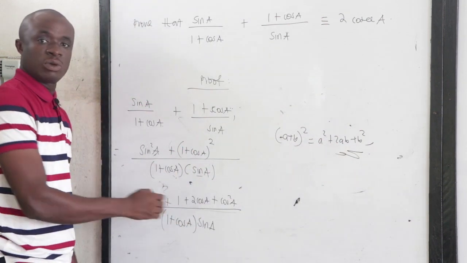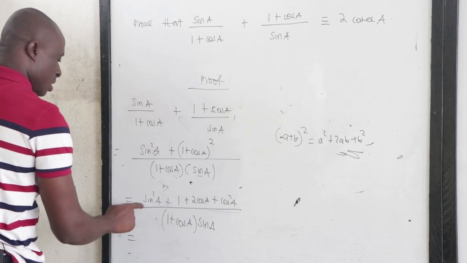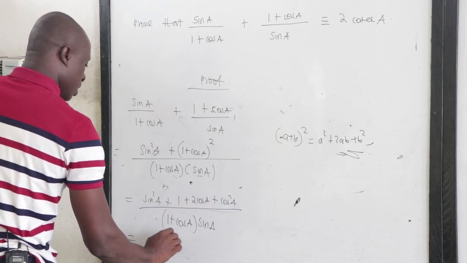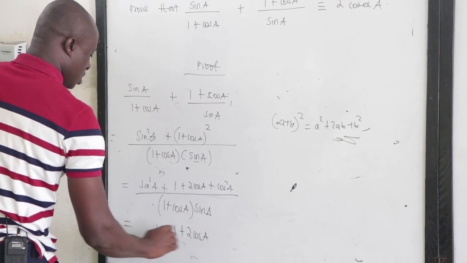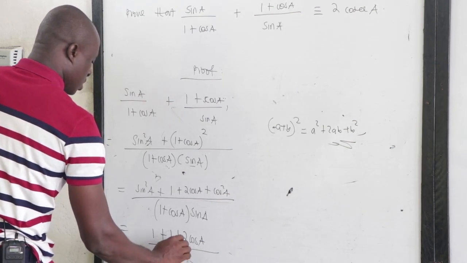So that's what I use to expand the numerator. Now, I can see sine square A plus cos square A. What is it? That is 1, plus this 1 plus 2 cos A all over 1 plus cos A times sine A.